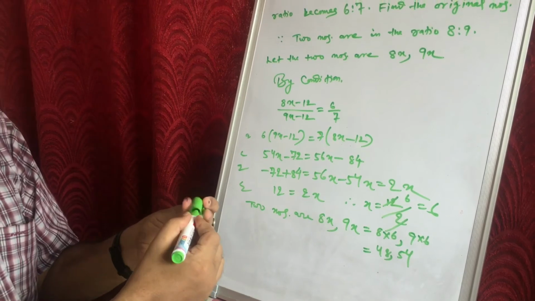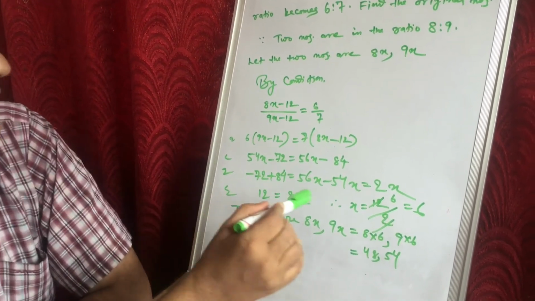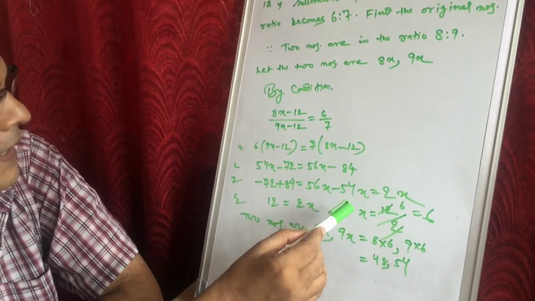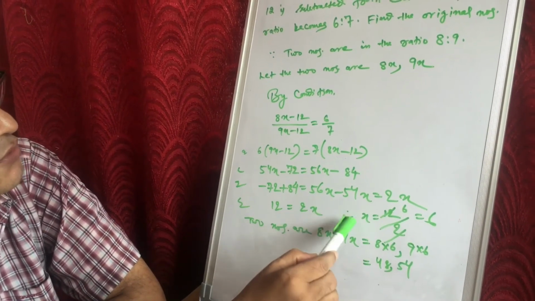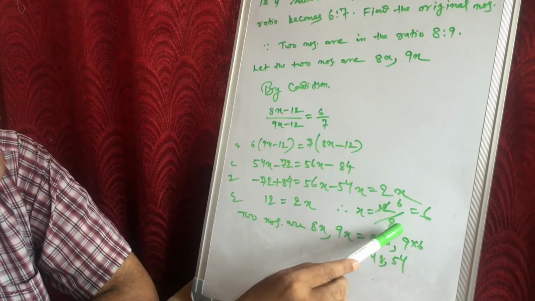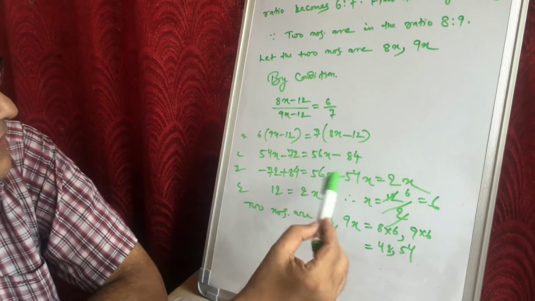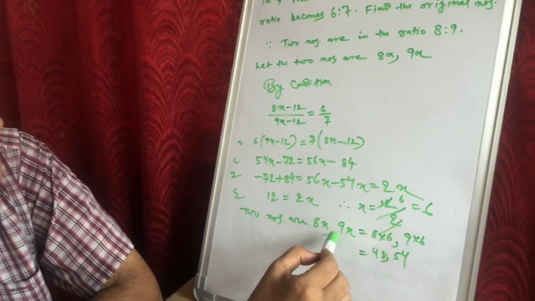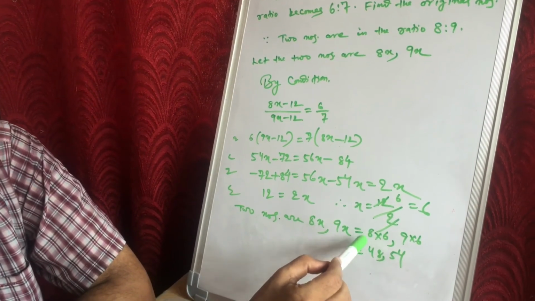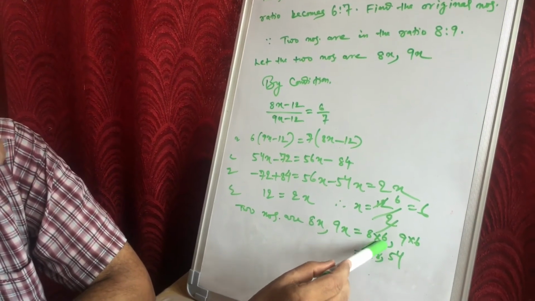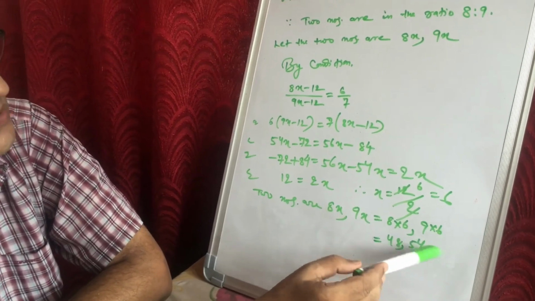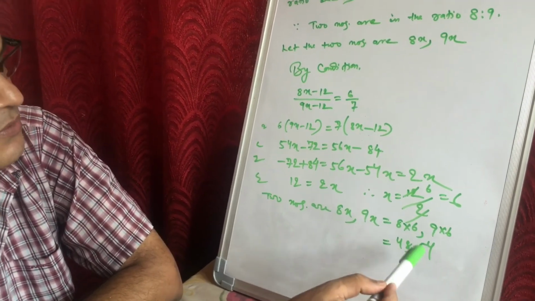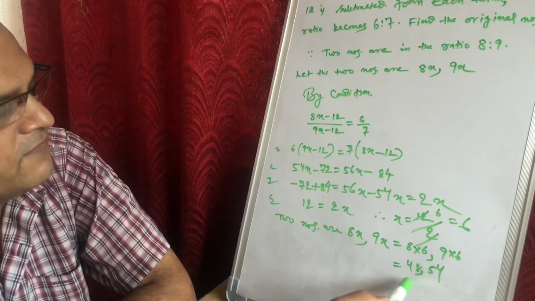Now see, I think it is clear. 12 is equal to 2x, so x is equal to 12 by 2, so it will be 6. Now the two numbers are 8x and 9x, that is 8 into 6 and 9 into 6, so it is 48 and 54. So the two numbers are 48 and 54.